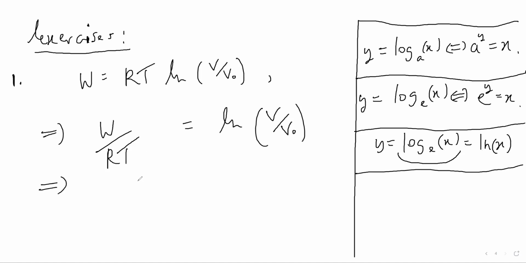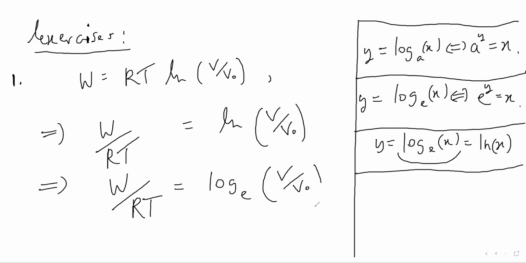We're going to write the same equation in the following way: W over RT is equal to log_e of V over V0. The reason that we write it in this form is for us to go ahead and apply this definition to solve this problem.